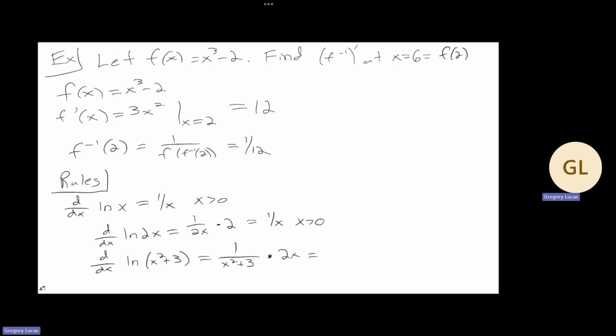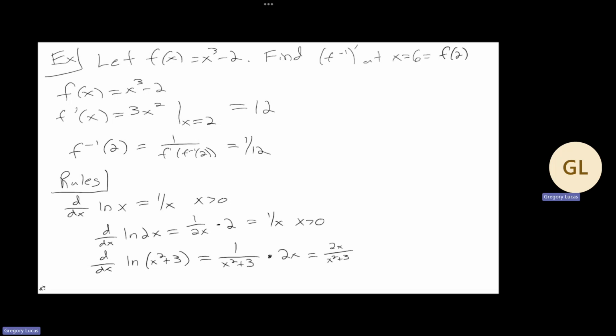So our final answer here, we'd get 2x over x squared plus 3. And we have to be careful that our domain follows our x is greater than 0 rule. So we'd have to find our domain separately here, to make sure we don't have any issues. I'll leave that as an exercise.